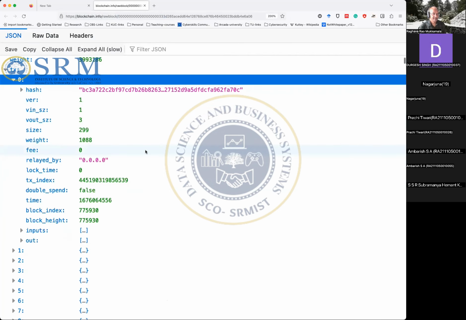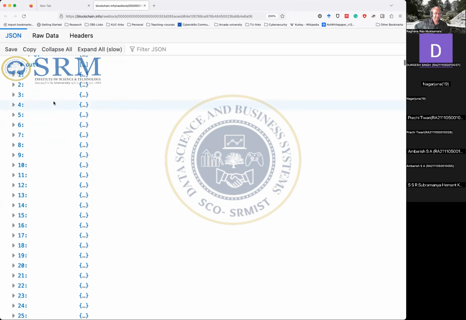You can see here, we have some transaction information, hash value of the transaction, and the version, protocol version, and the number of inputs, one coin, and the number of outputs, three coins, and size, and some extra information, and lock time. This is what we have discussed. And some other additional information which is being introduced in the latest versions of the protocols.